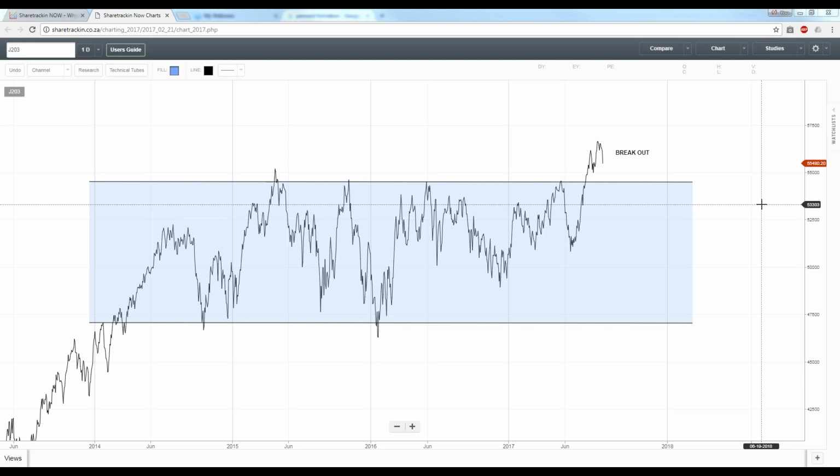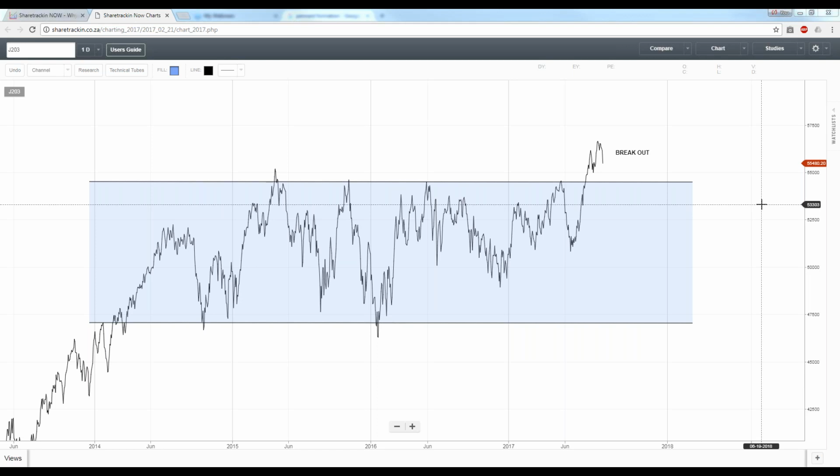Now, when we say it like that, what we mean is that if you see, for instance, that you get a head and shoulders pattern, if it's just a normal head and shoulders pattern, and we read up on a head and shoulders pattern, it clearly states that if a normal head and shoulder pattern is formed, that we're expecting a breakdown, right? So we're expecting the share to break down and to continue with the correction, or continue to head a little bit down before it will start moving up.